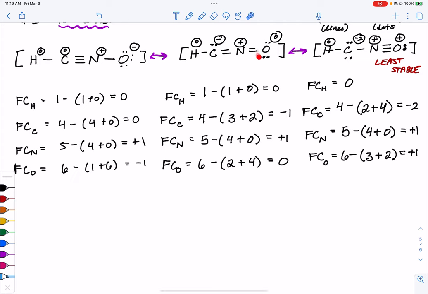And in this second structure, the oxygen had the 0 charge, not the negative charge. So it seems to me like this one here, which has the maximum amount of 0 formal charges and a negative formal charge placed on the electronegative atom, is going to be the most stable, with the next resonance structure being somewhere in the middle, and then the least stable being the one that had our triple bond between nitrogen and oxygen.